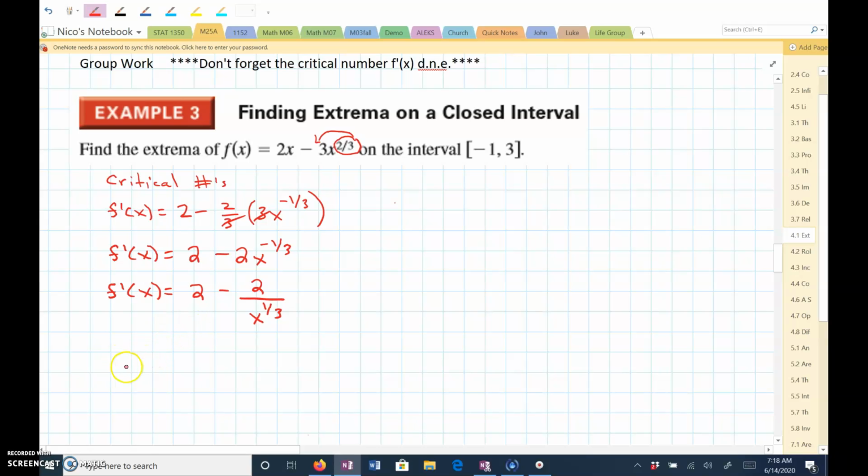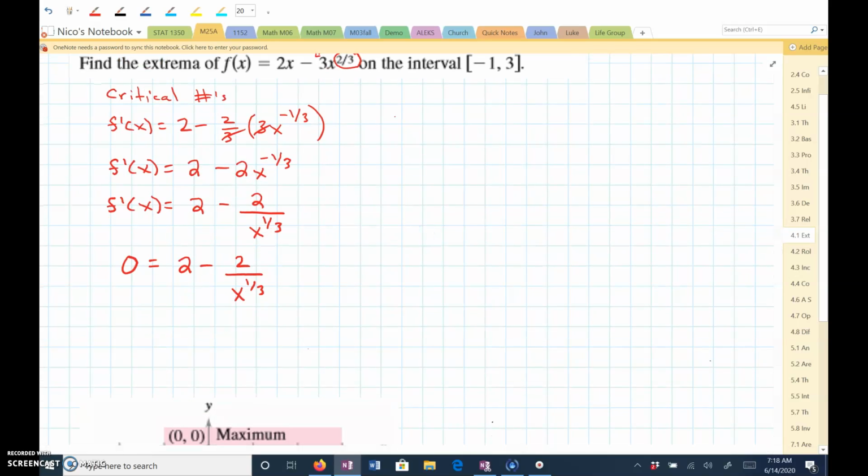So now, to find the critical numbers, we're going to take the derivative, set it equal to 0. Okay, and to solve this, I could move this to the other side of the equation, which would be adding 2 over x to the 1/3 to both sides.